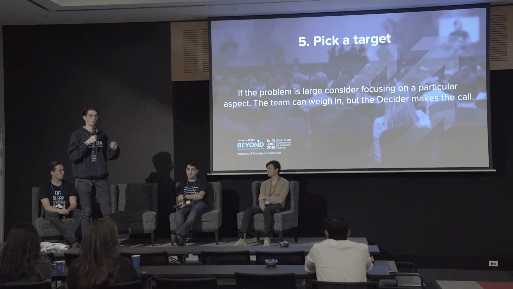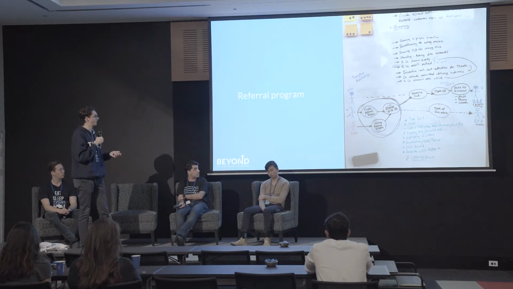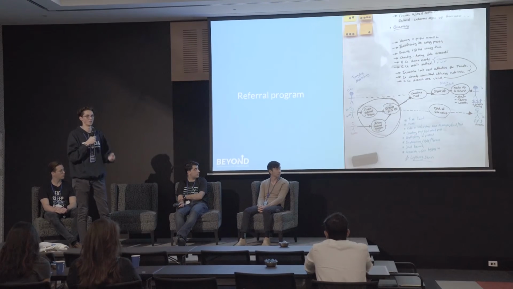The team can weigh in, but the decider, which Calvin explained before, does make the final call on what should actually proceed. So in the case of the referral program, you can see here we just circled this as our target to focus on. It's basically making sure the existing customer finds a referral program, engages with the referred customer, and that Tanda actually utilizes the referral program again, so how we can build into this.